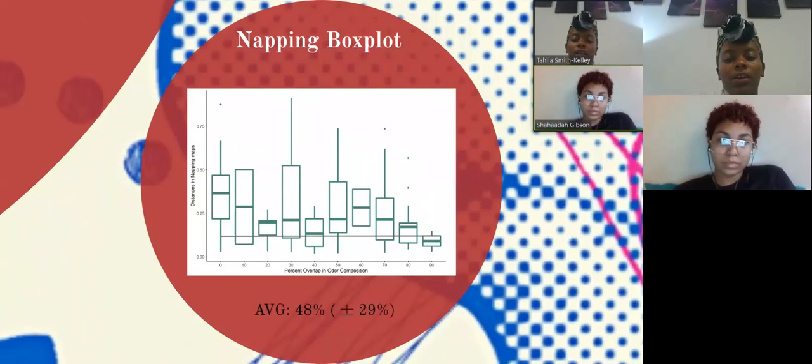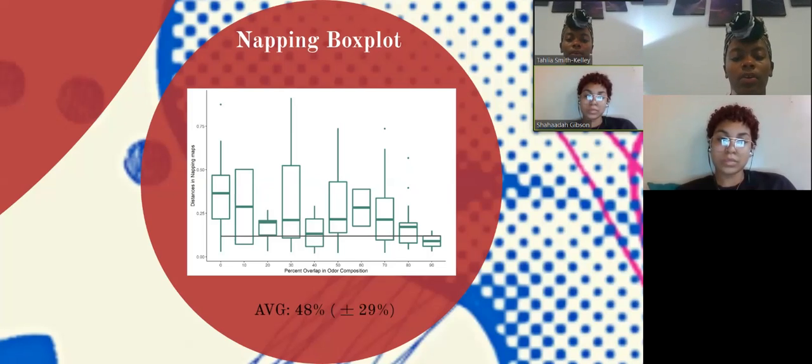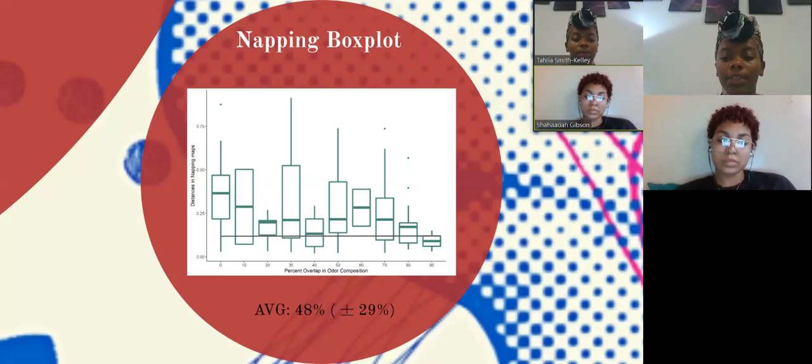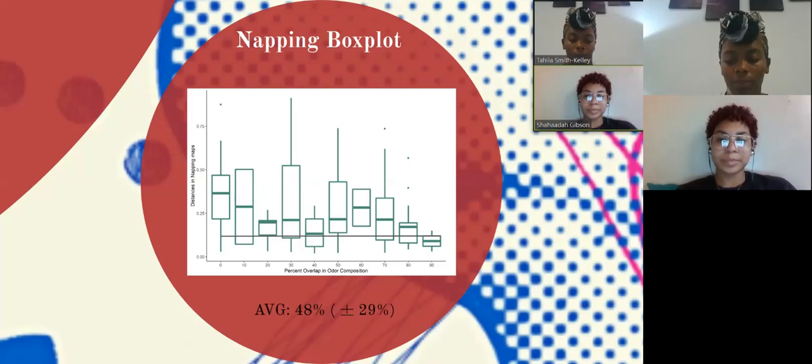And here we can't clearly see perceptual differences between the 90% mixture overlap and the other mixtures that follow before it. But we are able to see that the 0% mixture overlap and the 90% mixture overlap are perceptually different. And the average perceptual difference from that was 48%.